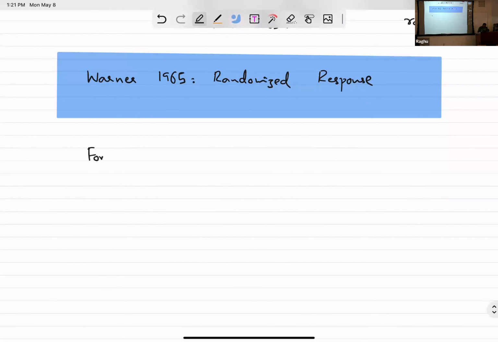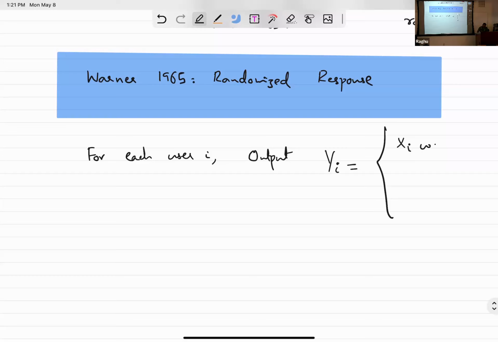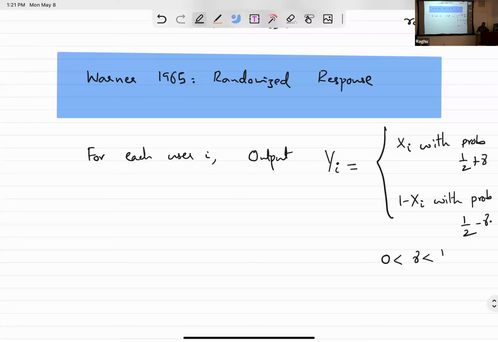And for each user, I output yi, which is xi, with some tunable parameter gamma.